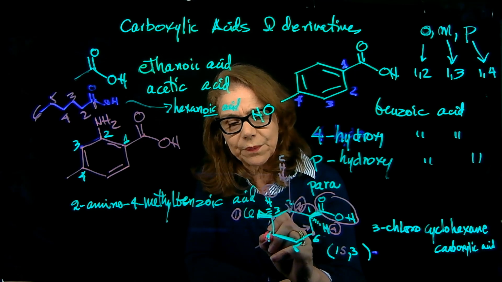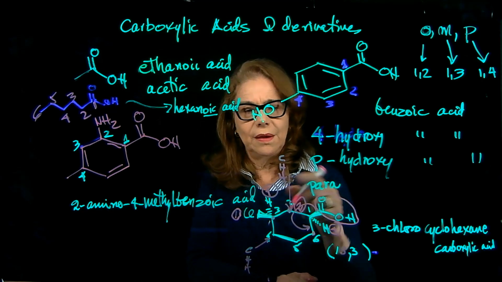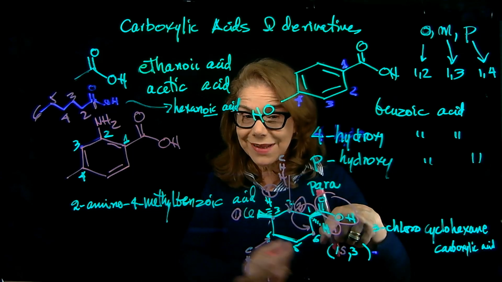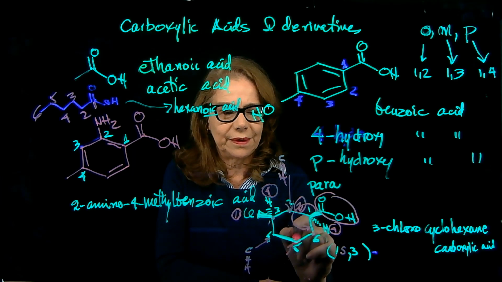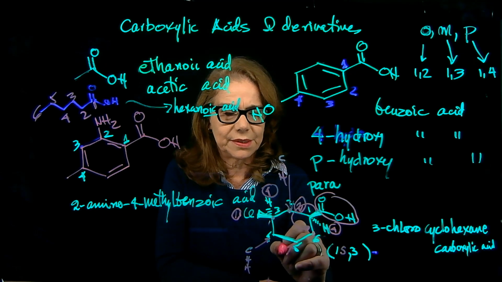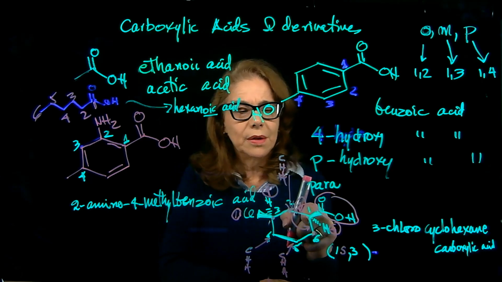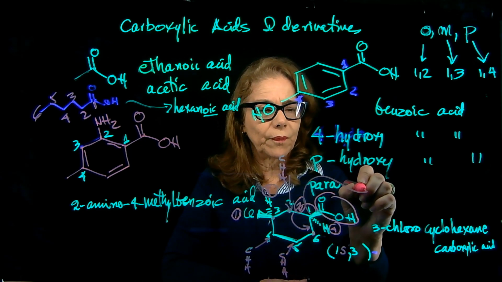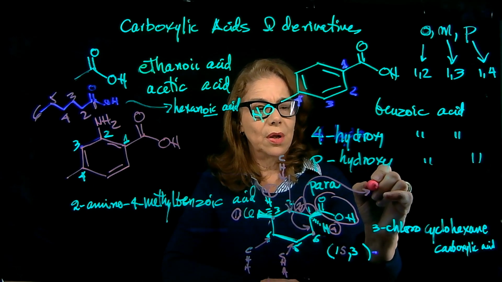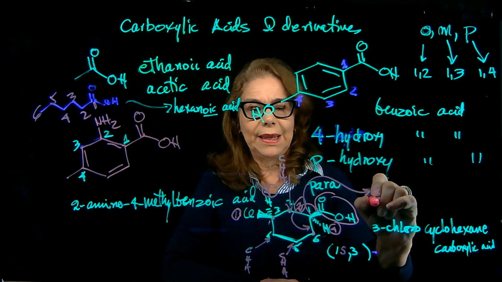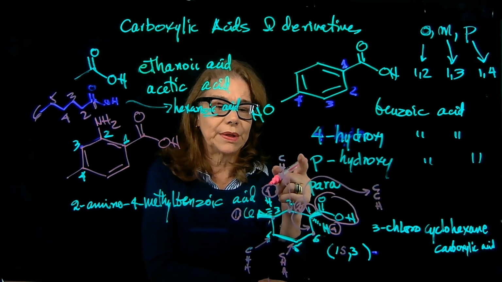Carbon 4 is attached to a carbon and hydrogen, which means it's a tie. So I need to move on to break the tie. And here you see, if I move over here, this carbon 5 is attached to carbon 6 and 2 hydrogens, whereas when I move over here, carbon 1 is attached to a carbon, so carbon, and hydrogen. So clearly, this is the highest priority.